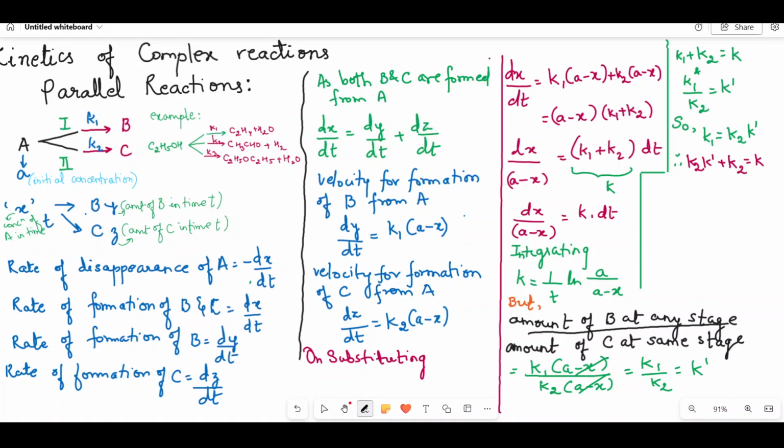Take this out common: k2 (k dash plus 1) is equal to k. Or you can write k2 is equal to k divided by (k dash plus 1). Now substitute the value of k2. Then we get k1 is equal to k dash divided by (k dash plus 1).